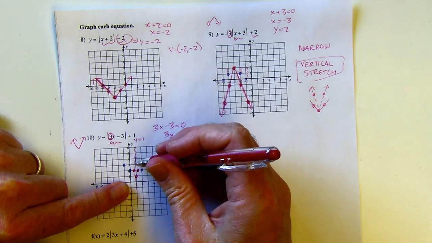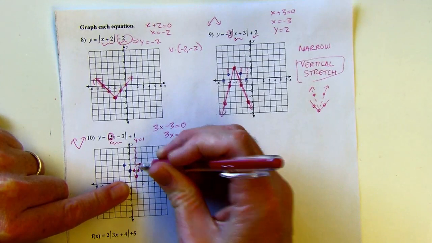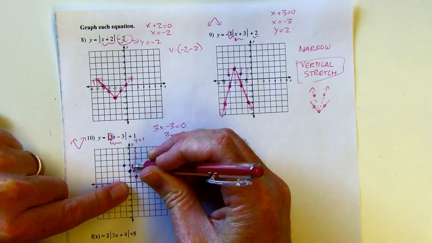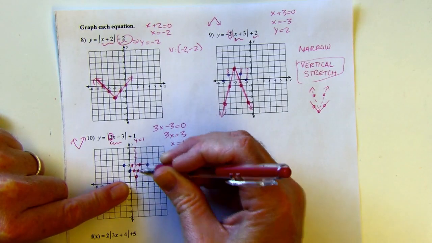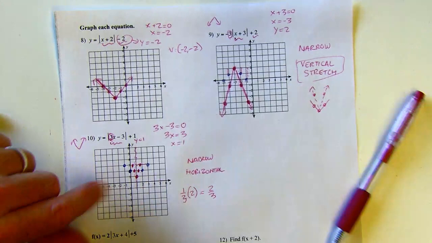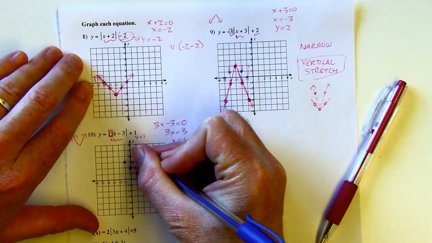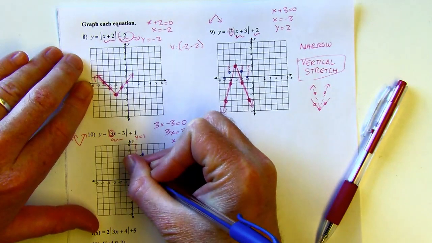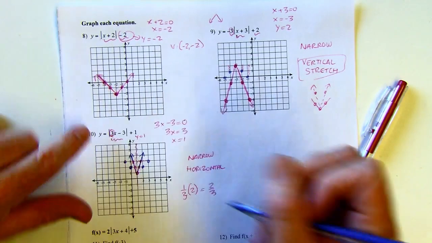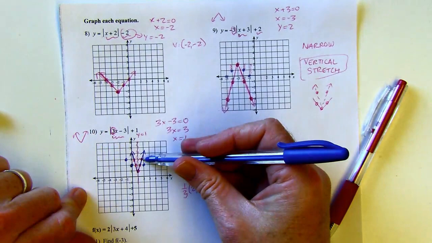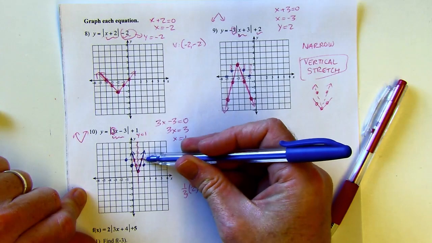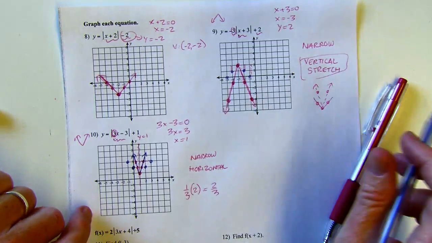So I want that second set of points to be at 2/3 away from the center, which would line up nicely with the first set of points. Okay, if my factor was 2, then I'd end up right there because it'd be half of 2. But I got a third of 2, which is 2/3.